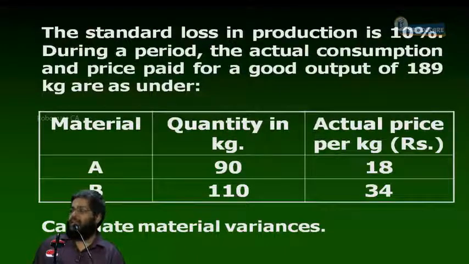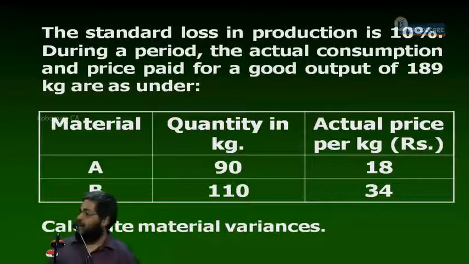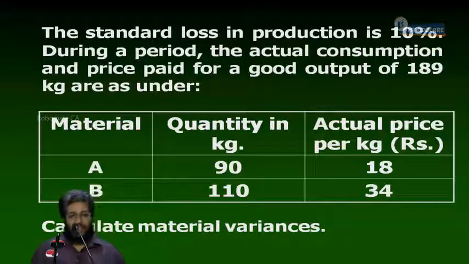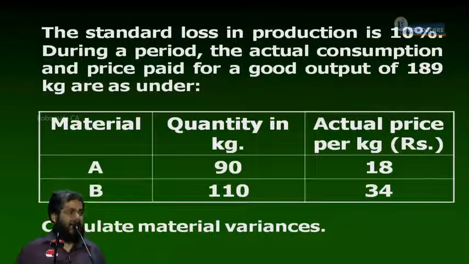During a period, the actual consumption and price paid for a good output of 189 kgs are: A, B quantity 90, 110, actual price 18, 34. Calculate material variances. That's the question which has been asked.